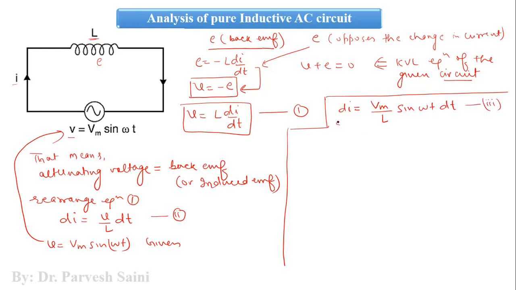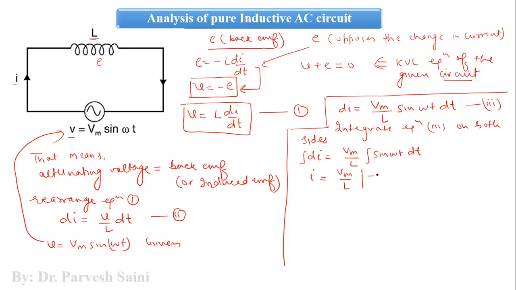Now, if you integrate equation 3 on both sides, we have I equal to Vm by L, because these two are constant quantities. So we will integrate sin omega t with dt, and we get minus cos omega t by omega.